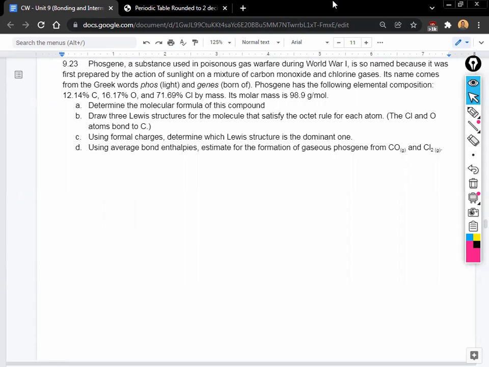Okay, so the first thing you want to do is determine the molecular formula for this compound. Okay, so I'm going to give you guys 2 minutes to try this out. We haven't done this in a while. If you guys don't remember, this is empirical formula to molecular formula. And if you don't remember what that is, you might want to go back into your notes. But I'll give you guys 2 minutes to try it out because, again, we do have our midterm coming up where we're doing a cumulative exam.